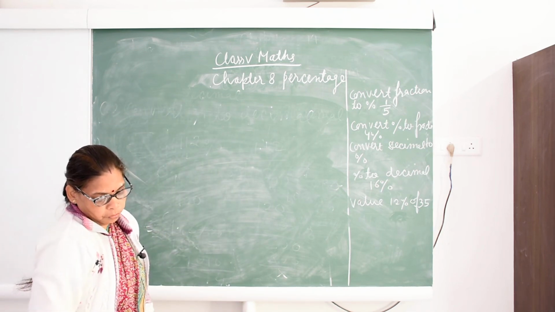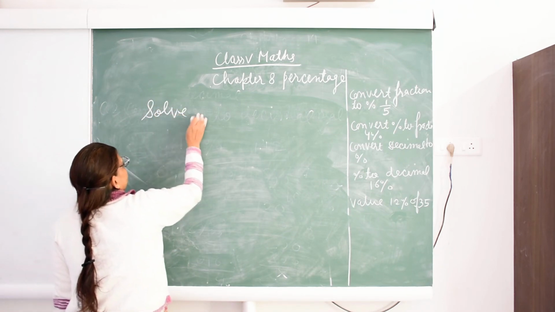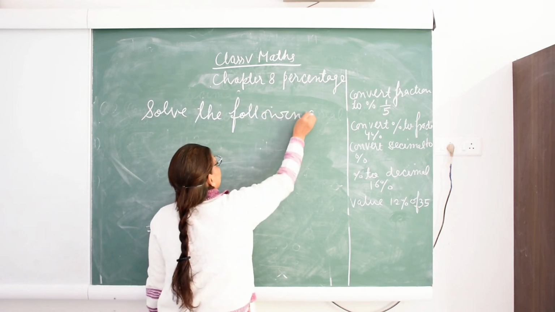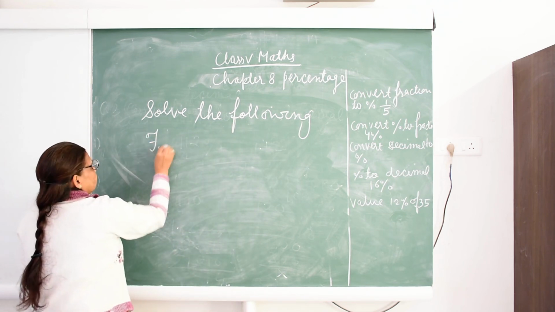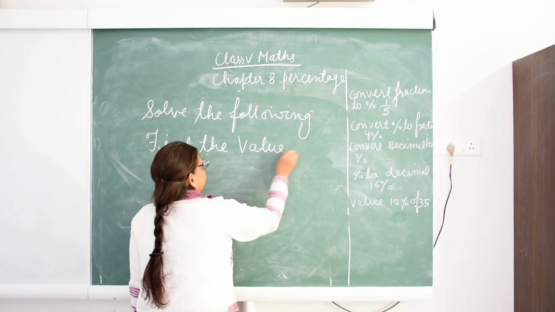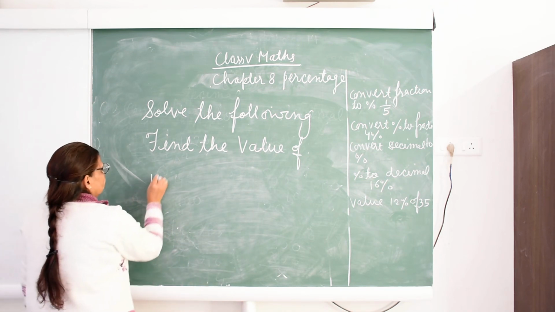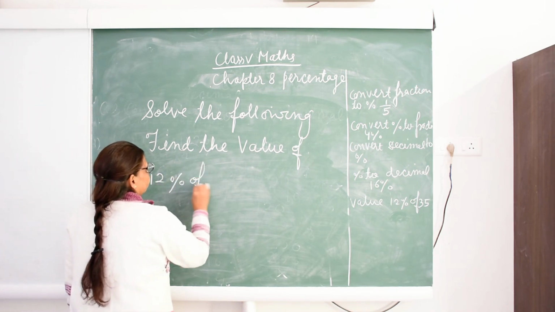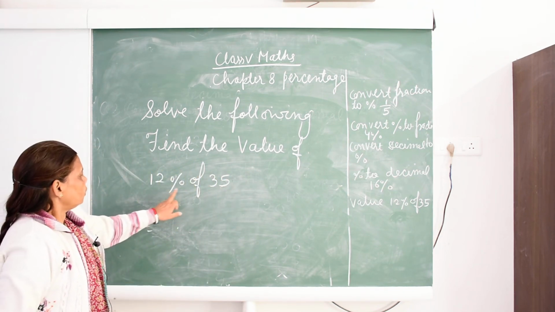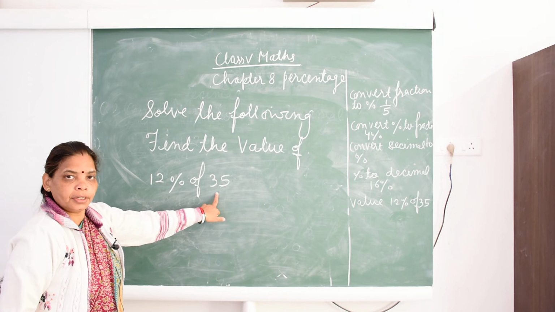Now again find the value. Find the value of 12% of 35. Here you can see the 12% of 35. This 12%, whose is it? 35.